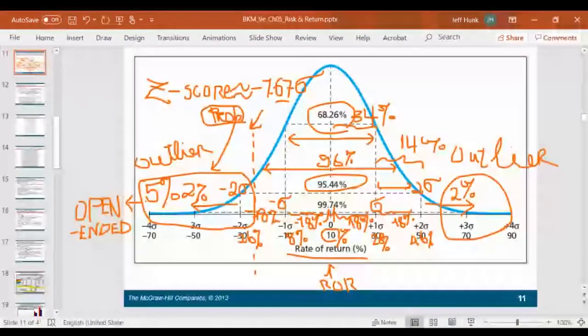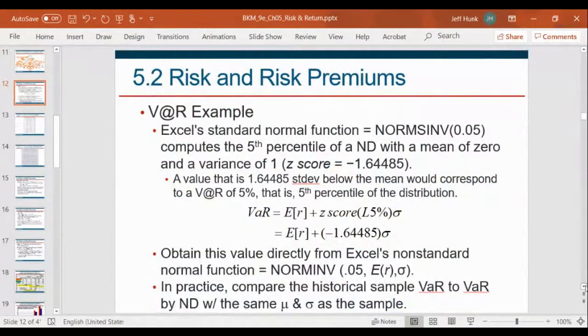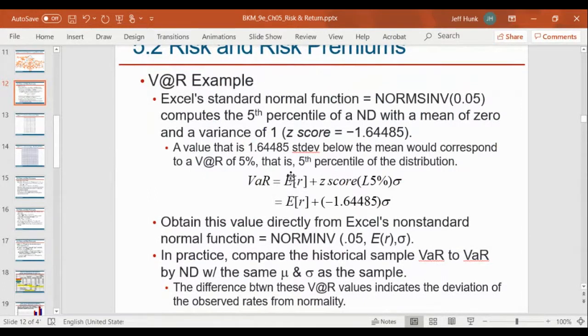The idea is, since we know 10% is the expected return from our scenario analysis, from that 10%, we multiply the bottom 5% z-score, which would be a negative number, about negative 1.6665, by our standard deviation.